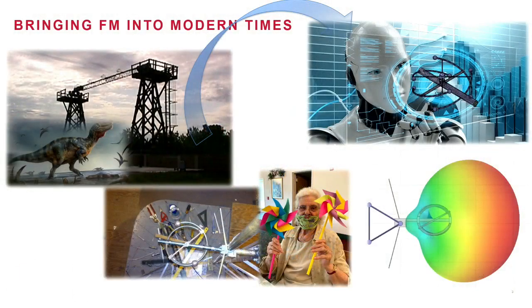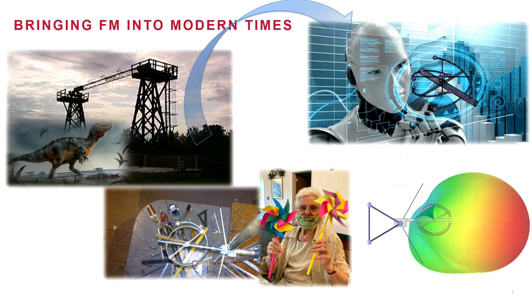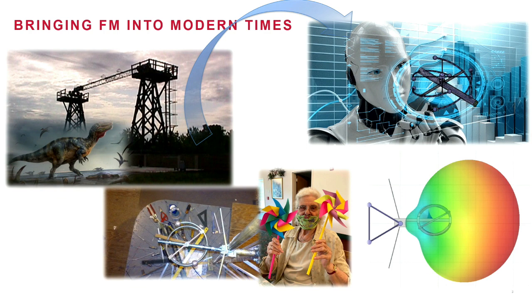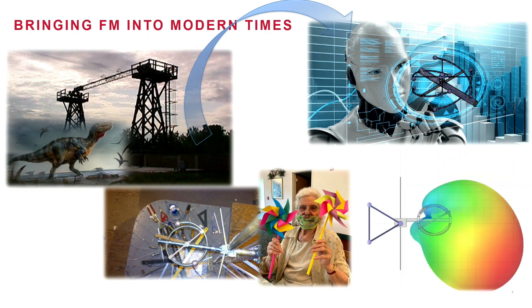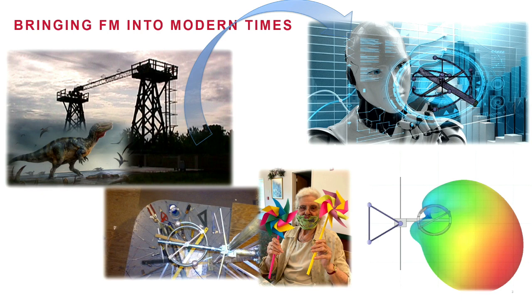All right, this slide I stole from John Shadler, our VP of Engineering. I love his sense of humor. He says, we're really talking about bringing FM into modern times. And on the left there, you'll see a photograph from, when you talk about dinosaurs, you talk about these different eras, right? This is the Palmyra era of test ranges.